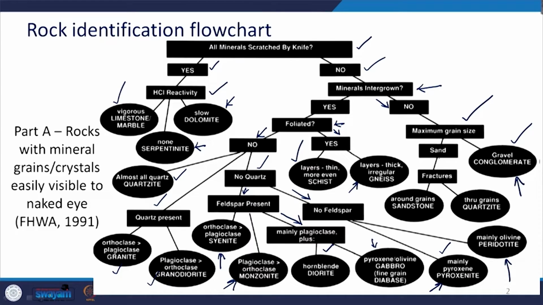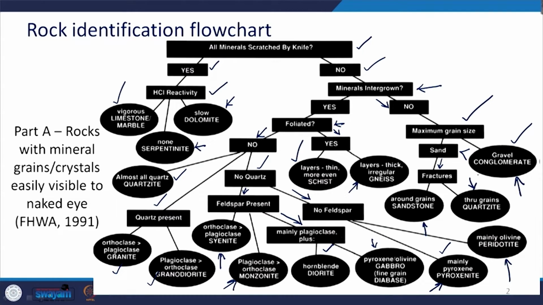If you have sand, that means of course the grain size for sand is going to be less than that of the gravel. We need to see whether fractures are there or not. If the fractures are around the grains, it is sandstone, and if it is through grains, then it is quartzite.